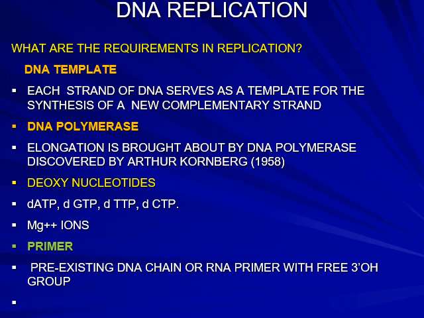We require the deoxynucleotides like dATP, dGTP, dTTP and dCTP. In addition, we require magnesium ions and we require a primer. The primer could be either a pre-existing DNA chain or an RNA primer with a free 3' hydroxyl group.